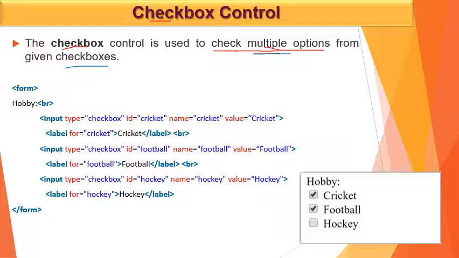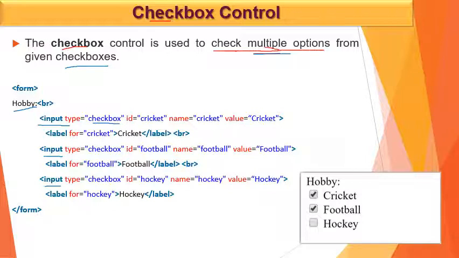Let us see the example and the source code for the form. Only the form is developed here. The form is named hobby and that is given as a form element. Now there are three inputs. Input controls are given, and it has a type of checkbox.